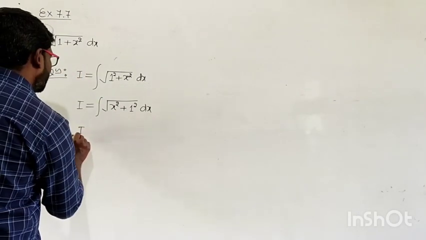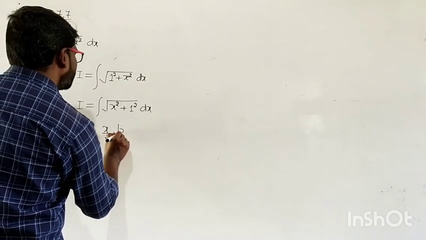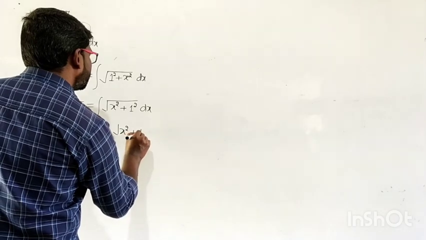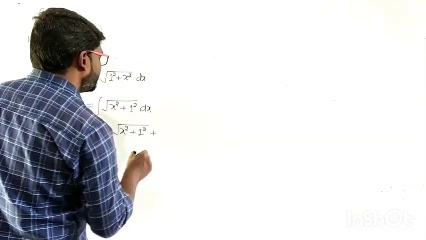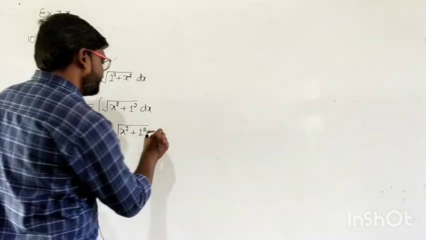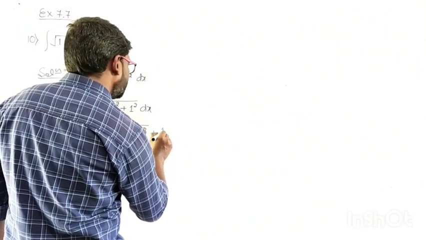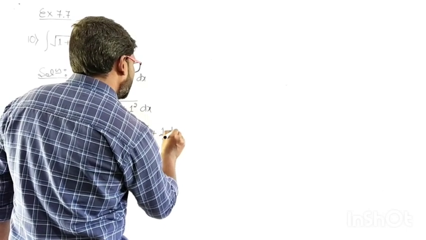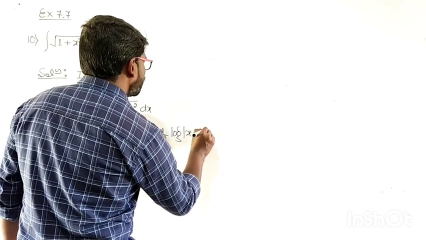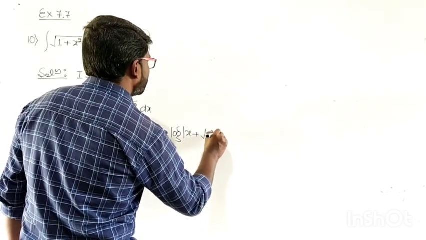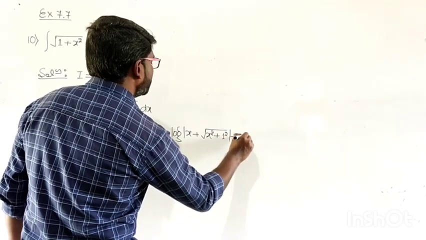I is equal to x by 2 root x square plus a square, that is x square plus 1 square, plus a square by 2. What is the value of a square? It is 1. So 1 by 2 log mod x plus square root of x square plus 1 square mod complete plus c.